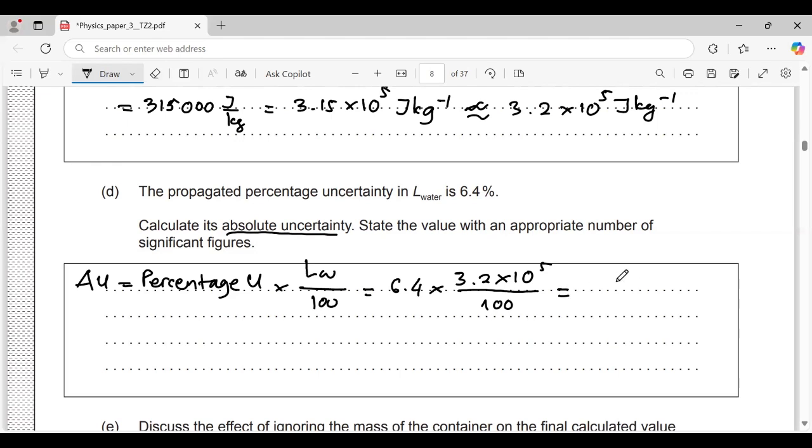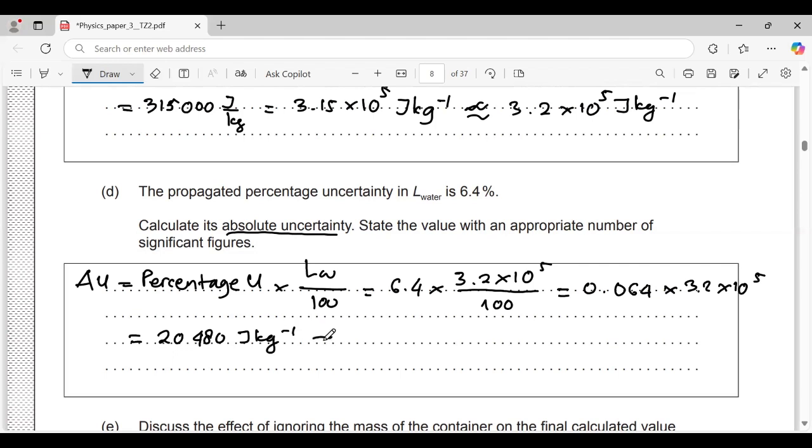And if you calculate, the result is 0.064, 6.4 over 100, times 3.2 times 10 power 5, and it equals 20,480 joule per kg.